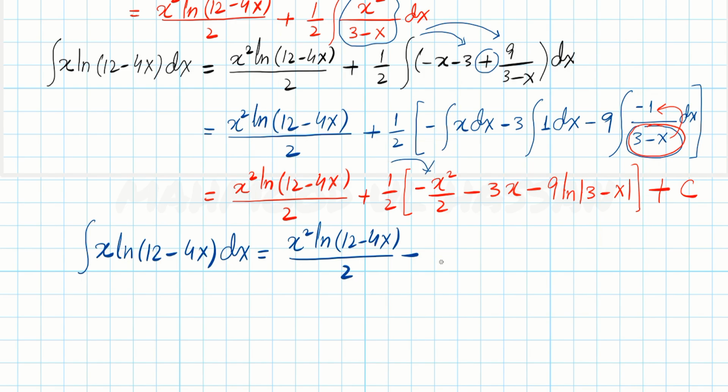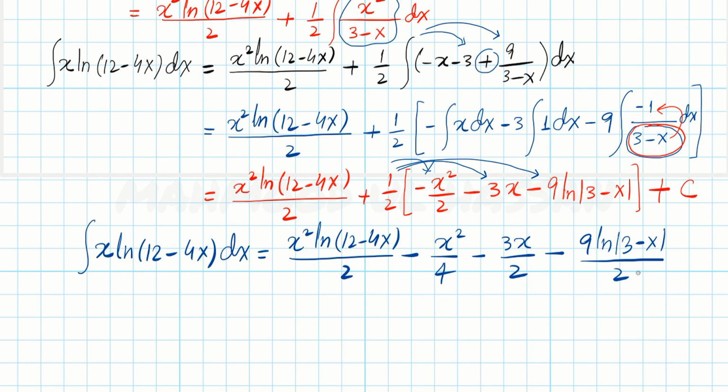Multiply with the first term, so that would become x square upon 2 times 2 is 4. Then multiply with the second term, so plus minus is minus 3x upon 2, and then multiply with the third term, so that would become minus 9 natural log of 3 minus x divided by 2, and then plus constant of integration c. So this is the final answer.